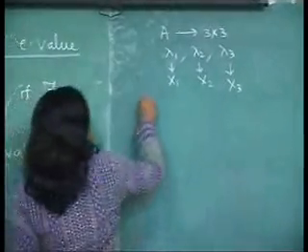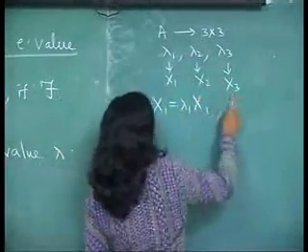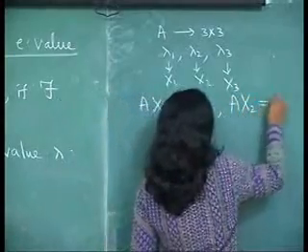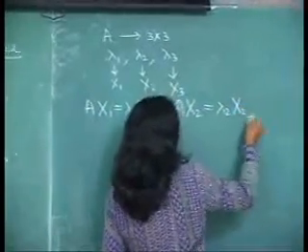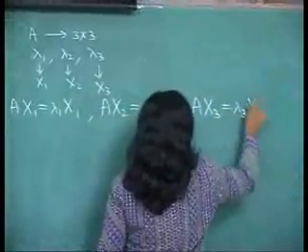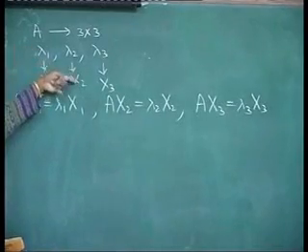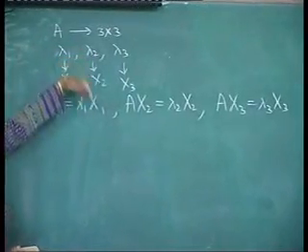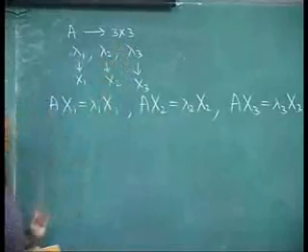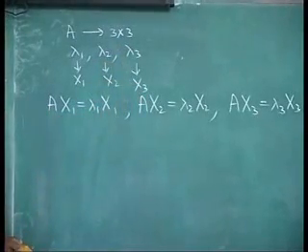So Ax1 will be lambda 1 x1, Ax2 will be lambda 2 x2, and Ax3 will be lambda 3 x3. x1 is an eigenvector corresponding to lambda 1, x2 is an eigenvector corresponding to lambda 2, x3 is an eigenvector corresponding to lambda 3. So these equations will be satisfied.